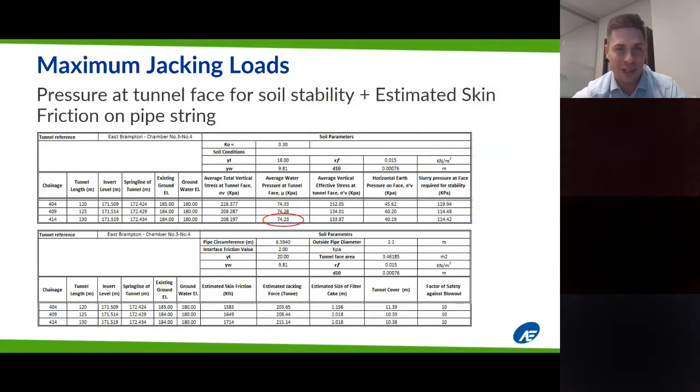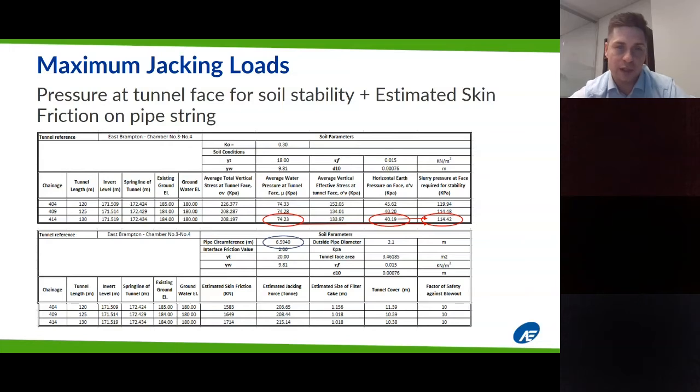But for this example, we're just going to look at the average water pressure at the tunnel. And this is your hydrostatic pressure that's pushing against the face of the TBM. And then you look at your horizontal earth pressure on the face of the TBM as well. So you combine these together, and this is what your pressure is going to be at the face of the TBM for stability.